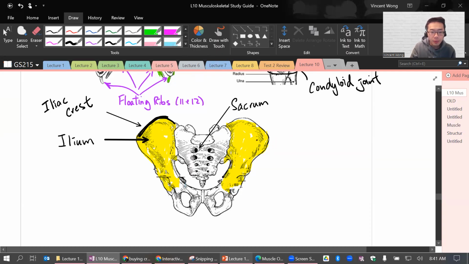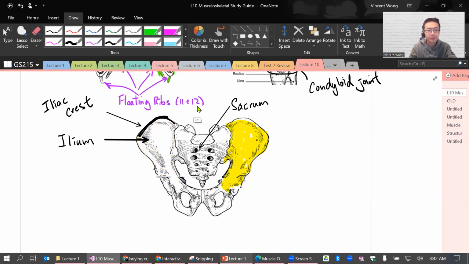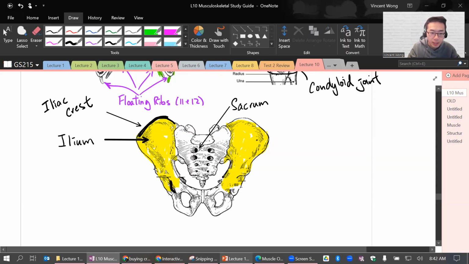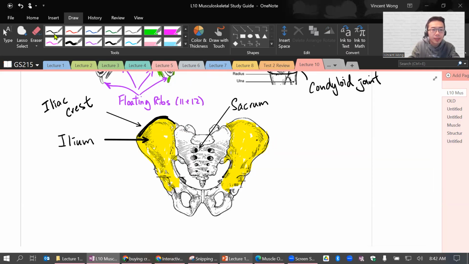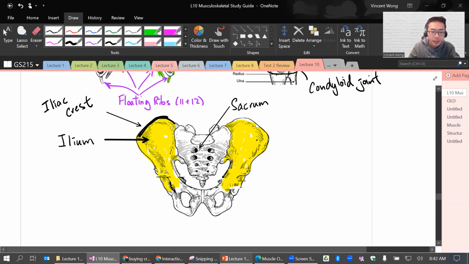At the front, we have, oh, actually, you know what? I didn't really do a good job here, but I should circle out this part right here. So that is the socket, that is the acetabulum.